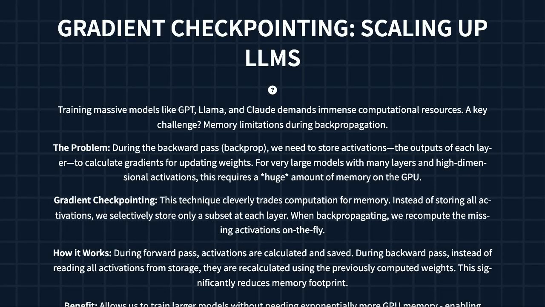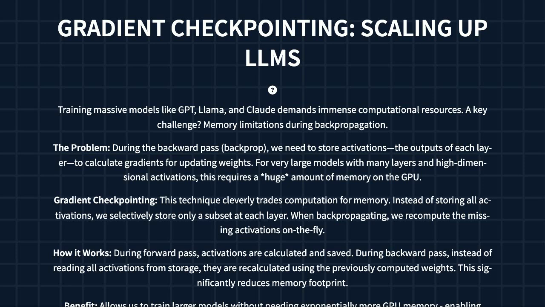Okay, so when we're training these giant language models, the ones like GPT or Llama, we run into a serious problem. During the process of figuring out how to adjust those weights to make them better, we need to keep track of each layer's activations. But storing all that information for really deep networks uses tons of memory. That's where gradient checkpointing comes in.